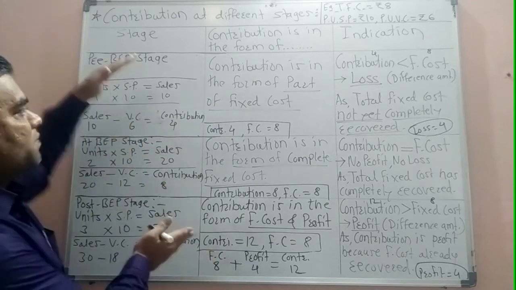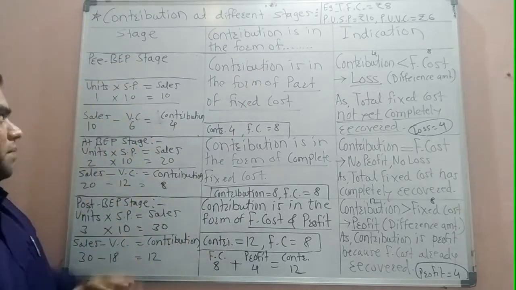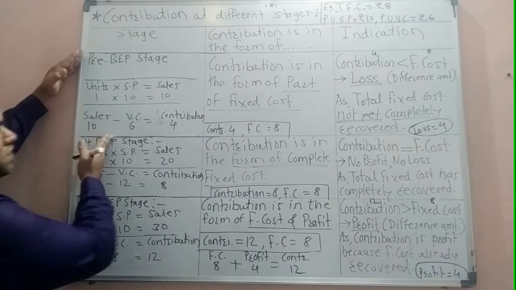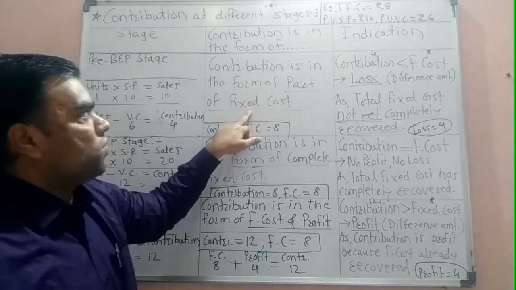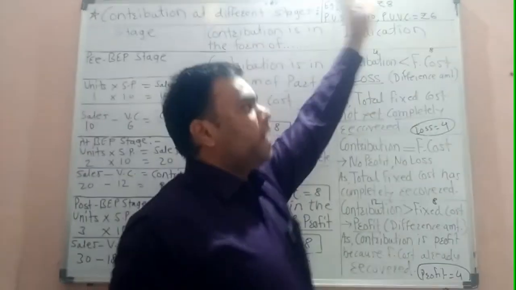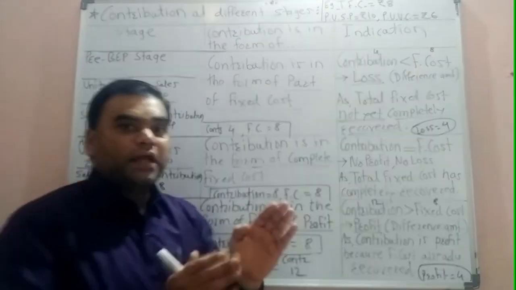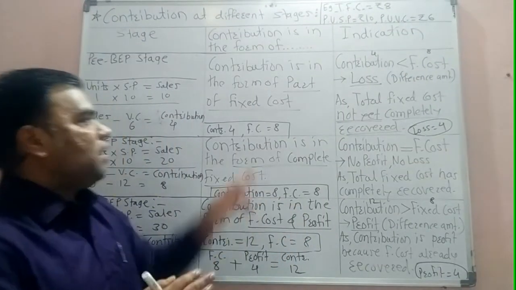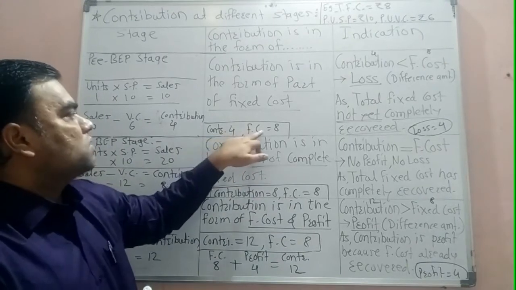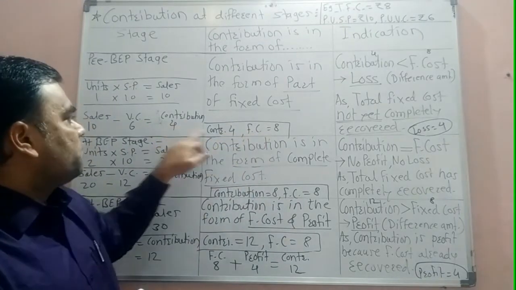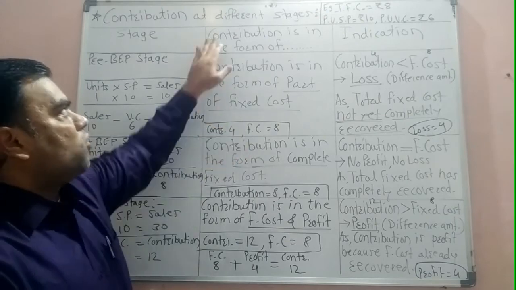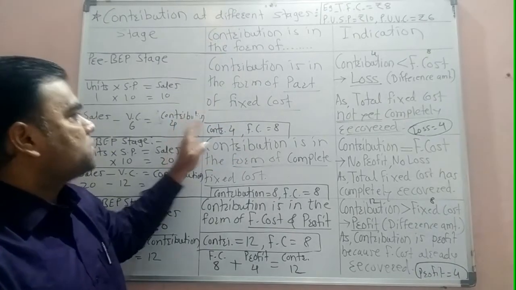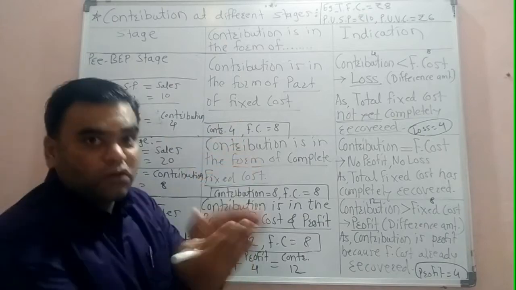So with the help of this table, an example we have discussed, we see how the form of contribution changes as per different stages of BEP. Before the BEP stage, our contribution was in the form of part of fixed cost. Fixed cost was 8, contribution was 4, so only 50% of fixed cost was recovered. Our contribution was utilized to recover part of the fixed cost.